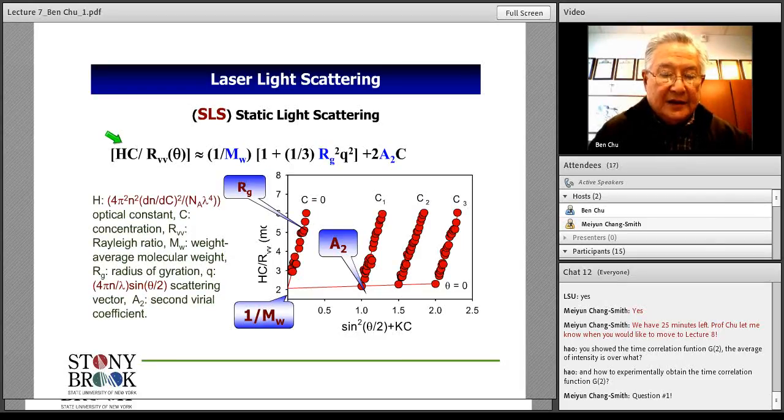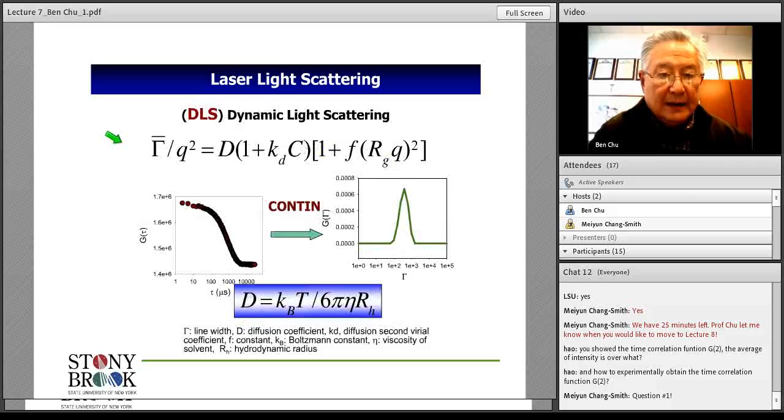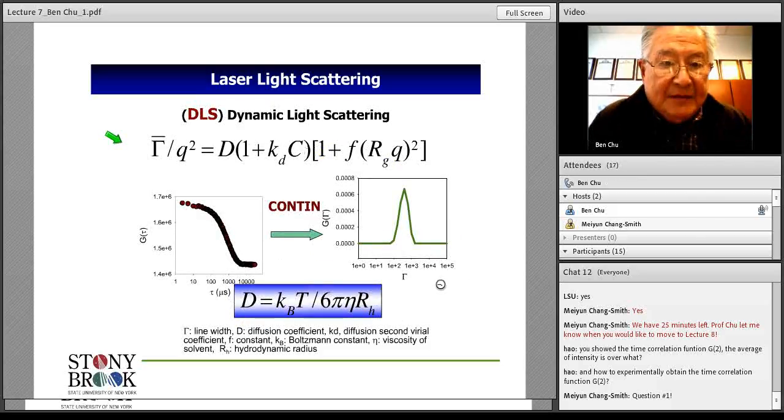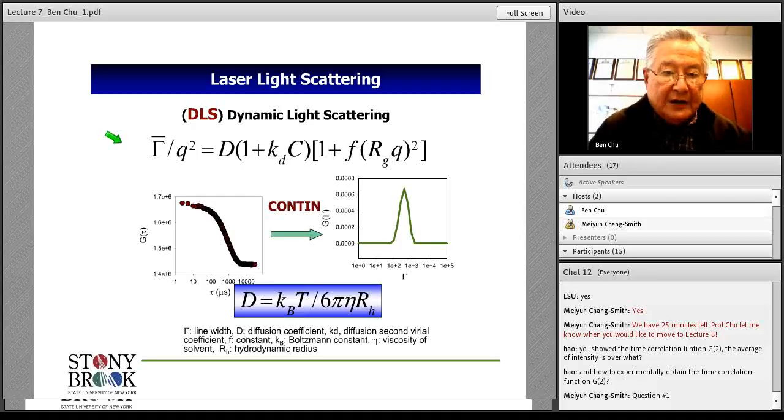Now, this is, in a simple case, the essential information that you can get out from static light scattering measurements. For dynamic light scattering, I'm getting a little bit ahead of time, you can get information on the diffusion coefficient.